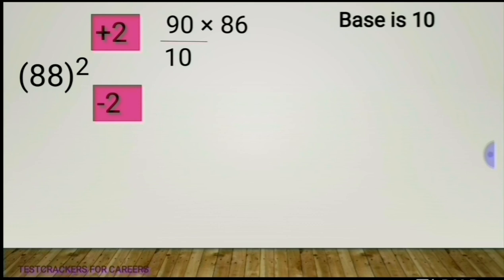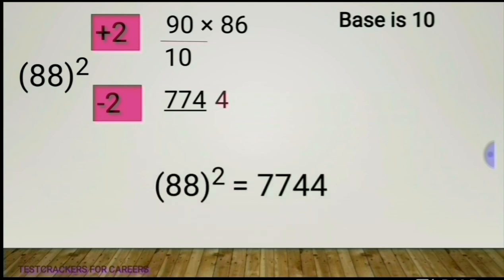The first part is got by multiplying 9 by 86 and we get 774. And for the second part, we square the difference, which is 2, and 2 squared is equal to 4. As the base is 10, we can write only a single digit in the second part, and 4 is a single digit. So we write 4 next to 774. 88 squared is equal to 7744.